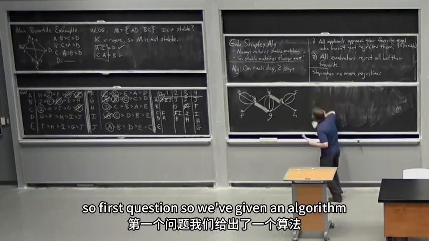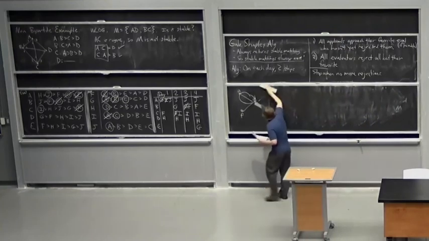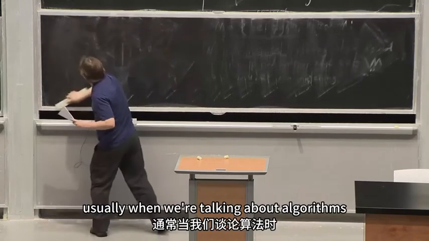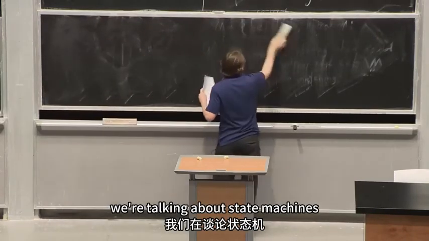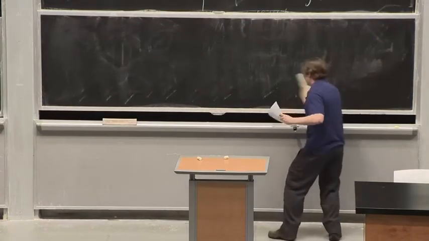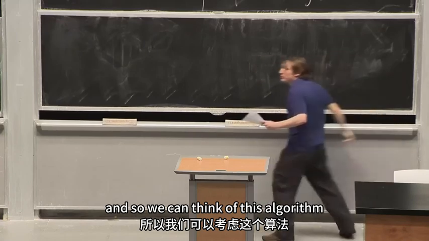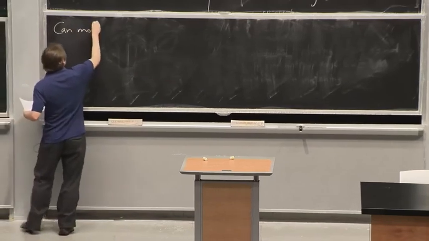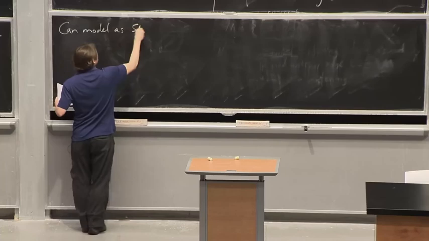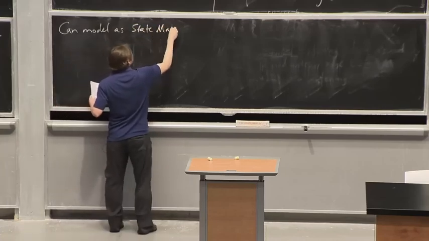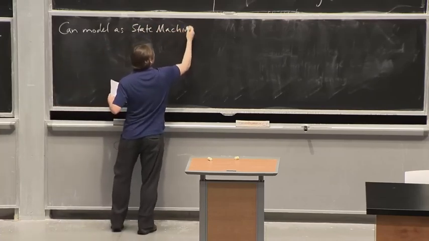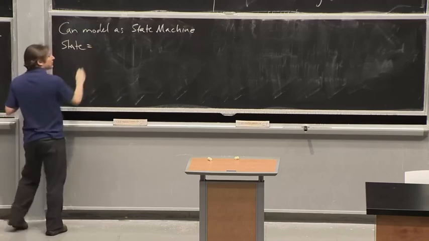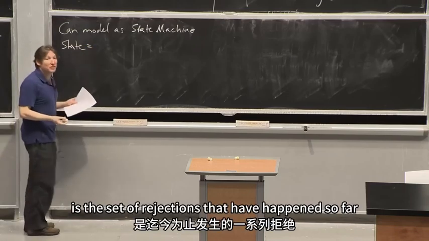So first question, we've given an algorithm. In this class, usually when we're talking about algorithms, we're talking about state machines. And so we can think of this algorithm as a state machine, where each state is the set of rejections that have happened so far.